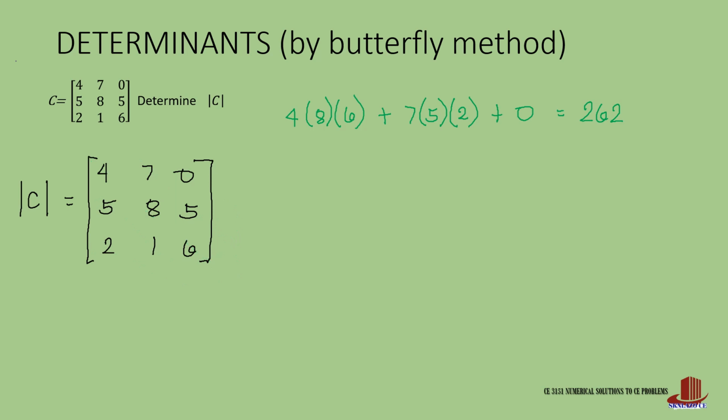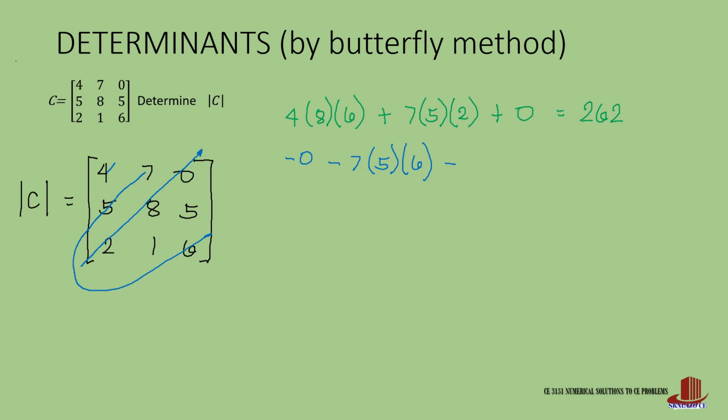The negatives would still be the same diagonal lines, but this time it would be the ones going upwards from your bottom left going to your upper right. So in this case, since they are negatives, we are going to use your subtraction or your negative sign. 2 times 8 times 0 would still be 0 or negative 0. Minus 7 times 5 times 6.